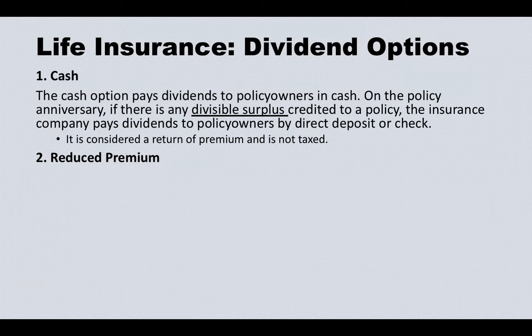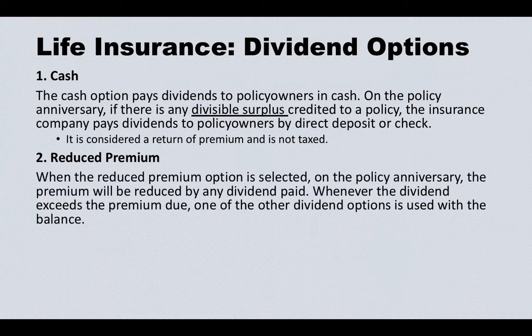Second is reduce the premium. When the reduced premium option is selected on the policy anniversary, the premium will be reduced by any dividend paid, whenever the dividend exceeds the premium due.